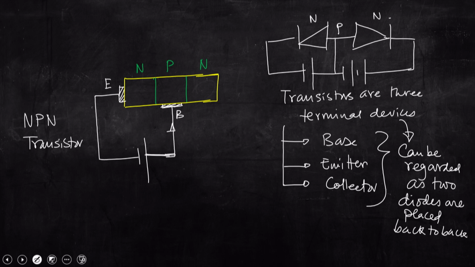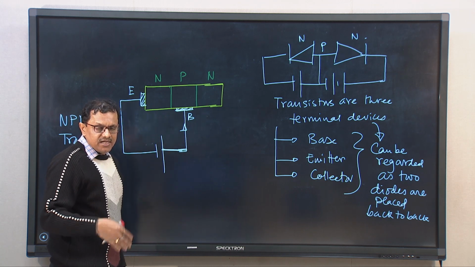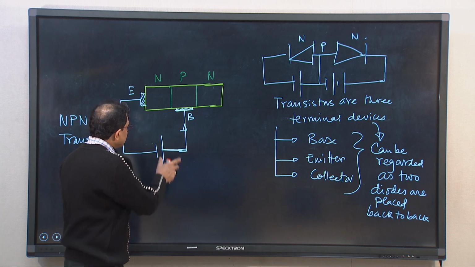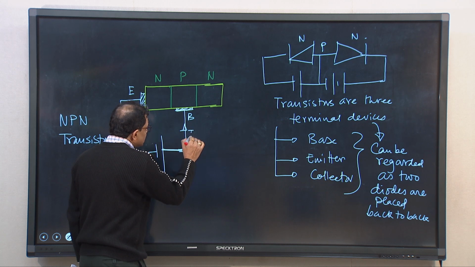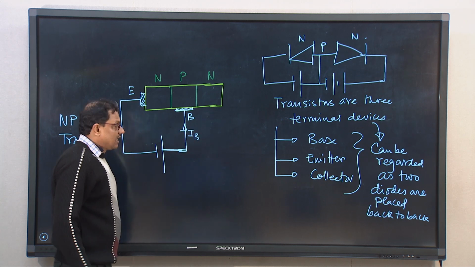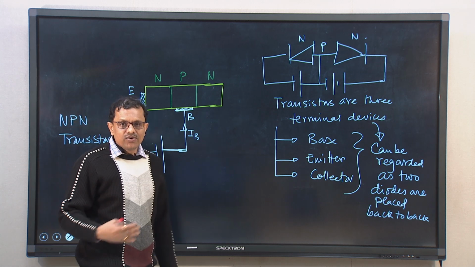Now, as I said, at the junction of P and N, a barrier will develop. Even if we connect this base and emitter using this circuit, some base current will flow, and these are basically diodes. So, this will allow current to flow in one direction.